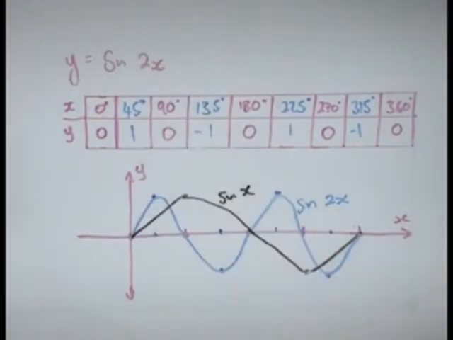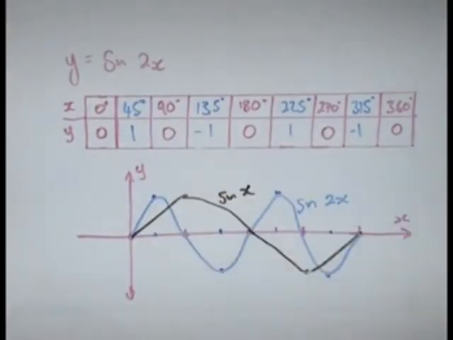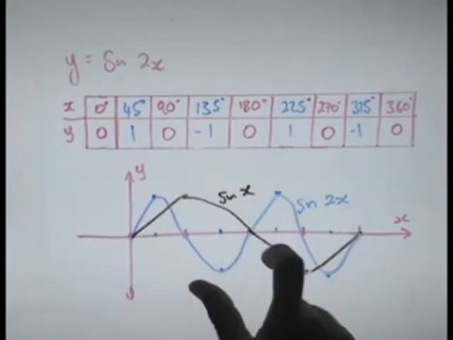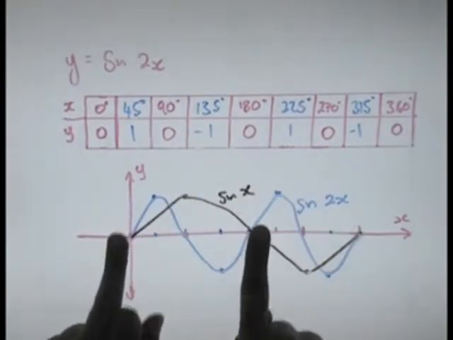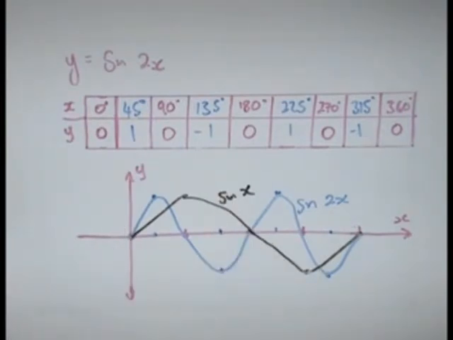So that 2 means that we are doubling it. If that were sine 3x, we would have 3 times as many. If it was sine of a half x, this sine graph would be just a half. Or sine of a third, we'd only be looking for a third of the sine graph.